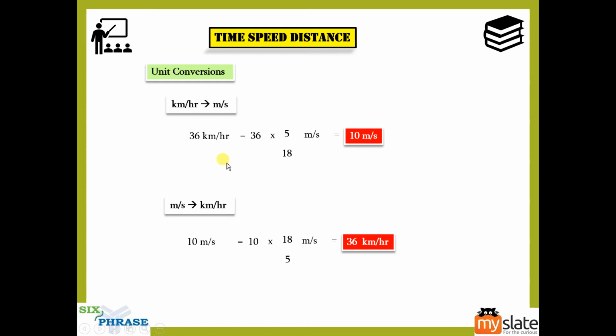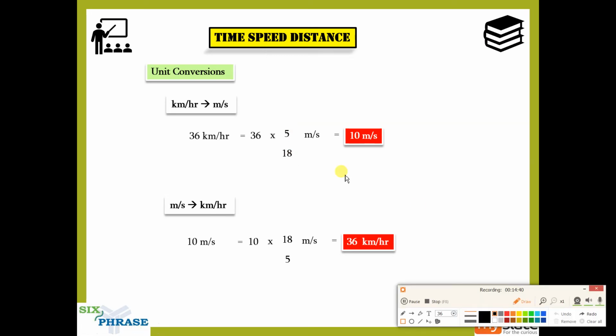But how did you arrive at this 5 by 18? How to remember this 5 by 18? I want to give you that also, guys. Now, 1 kilometer is equal to how many meters? 1 kilometer is equal to 1000 meters, right? 1 hour is equal to how many seconds? 3600 seconds.